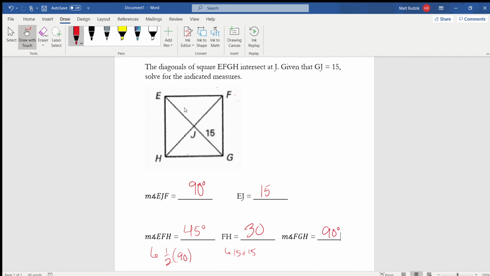So you always have that the entire thing's 90, so you've got 45, 45, and so on around the square. And then all the angles formed by the diagonals are 90. So 90, 90, 90, 90. So the angles are always set. It's just what changes is whatever the diagonal length is, or the piece of the diagonal, or whatever the side of the square is.